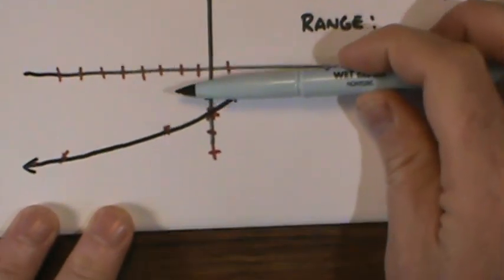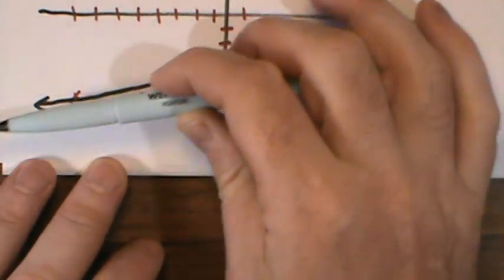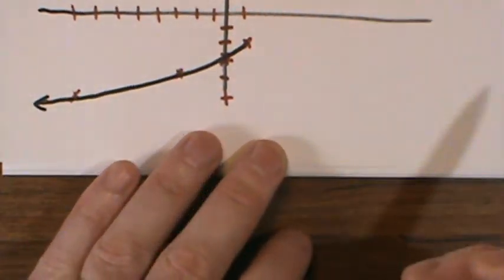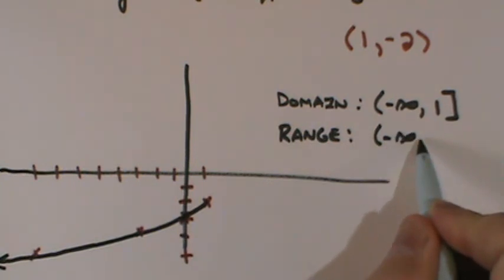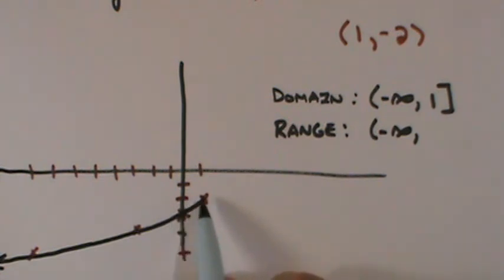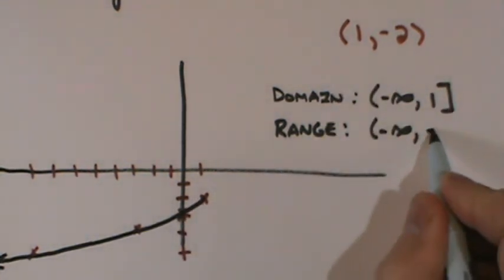The range, we can go as low on the y-axis as you want to go, because this arrow is pointing this way. It goes this way forever, and you see it's going downward. So I would start at negative infinity for this, and it runs all the way up until we reach this y value. It gets no larger than this y value, which happens to be negative 2.